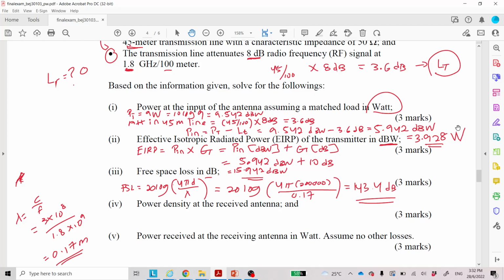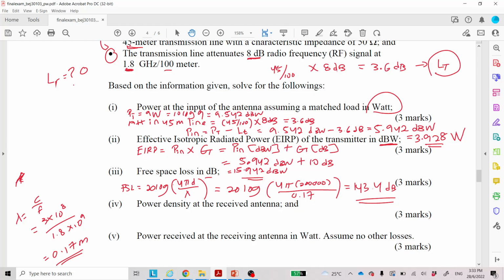Power density is equal to EIRP divided by 4 pi r square. So EIRP is divided by the spherical area based on the distance from transmitter to receiver.